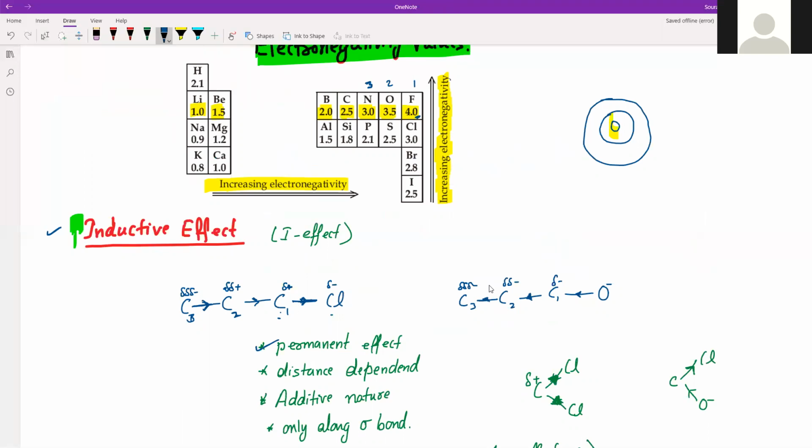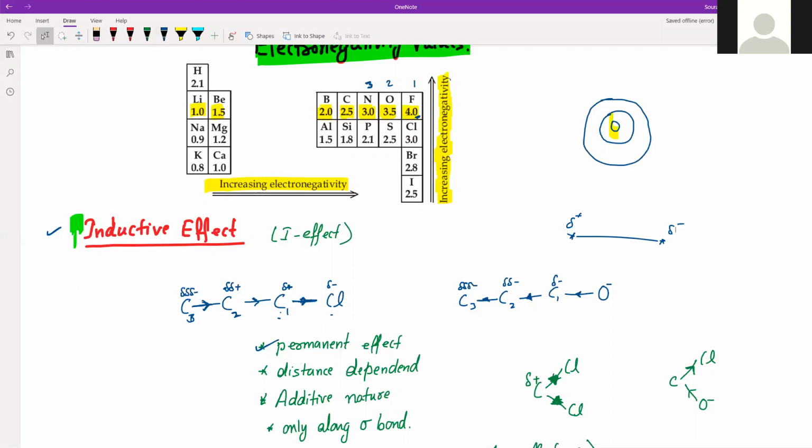Dipole means something which has two ends, two charges separated by a distance. So there is a slightly positive charge here and a slightly negative charge here. So this is called a dipole.